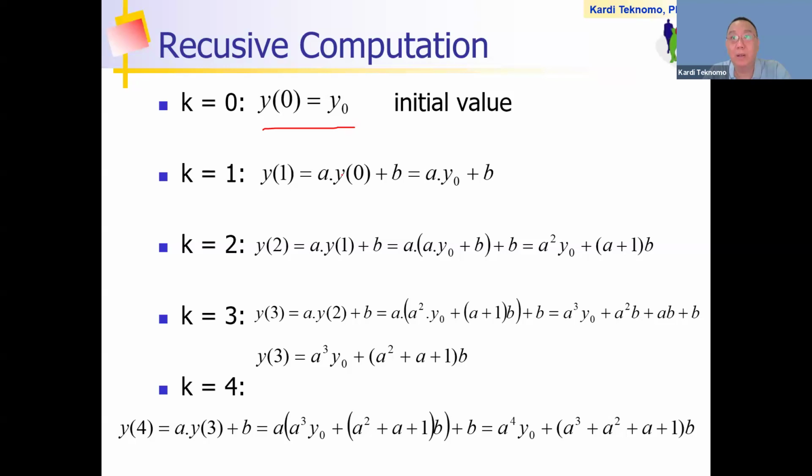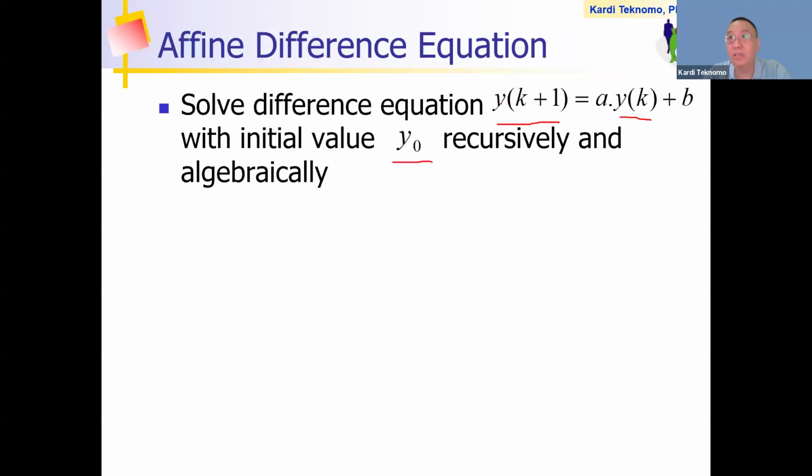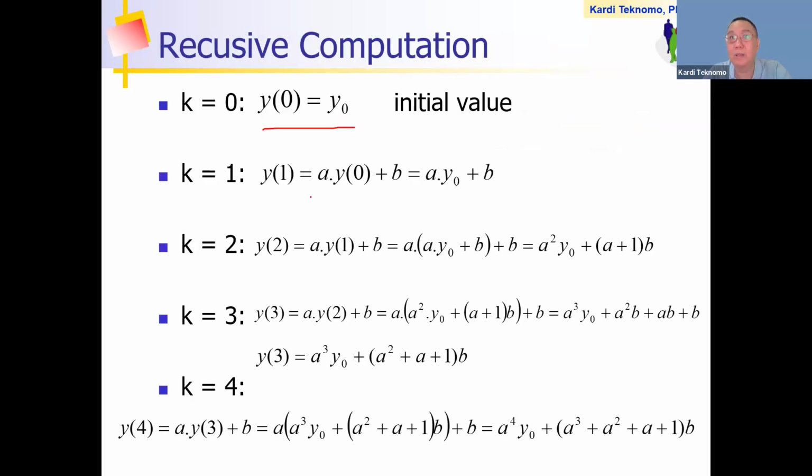Then our formula a while ago is y_{k+1} = a times y_k + b. In that case, y_1 is equal to a times y_0 + b, but this y_0 we already know the value, so we can put it here.